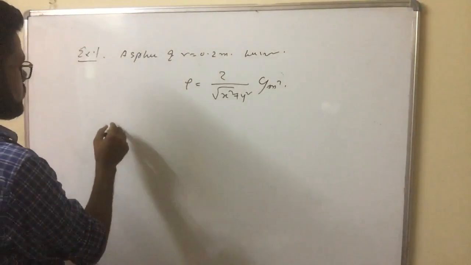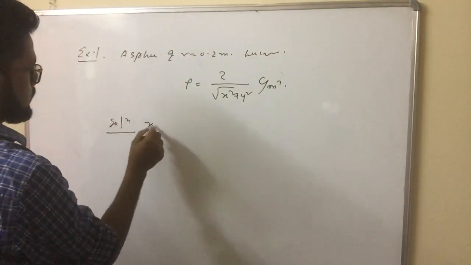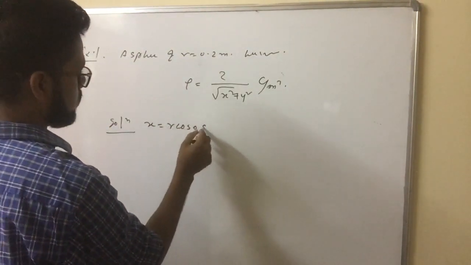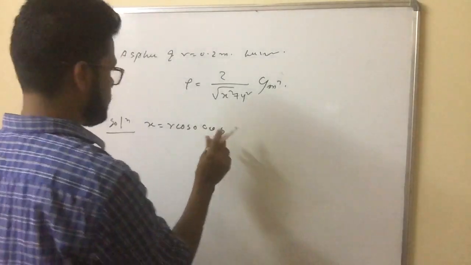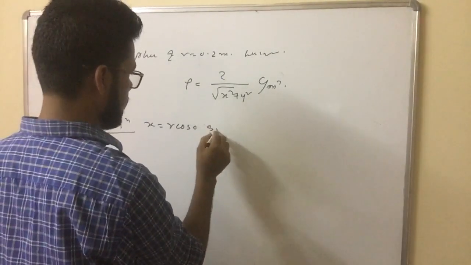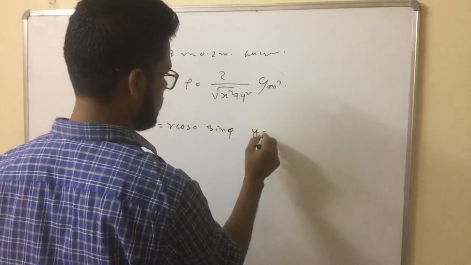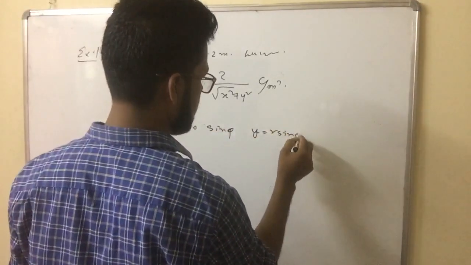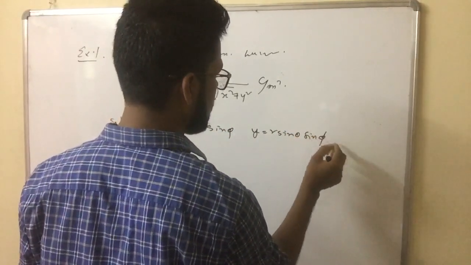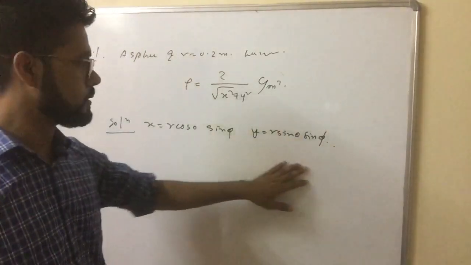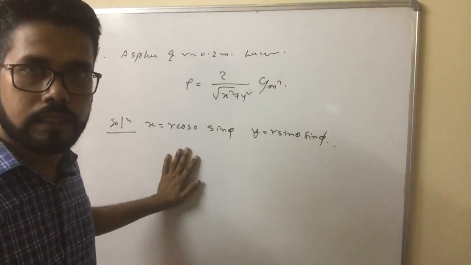So in the solution, we put x equal to r sin theta cos phi, and y equal to r sin theta sin phi. Don't ask me where I get this; this expression is from coordinate transformation.